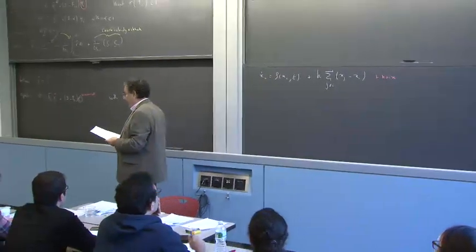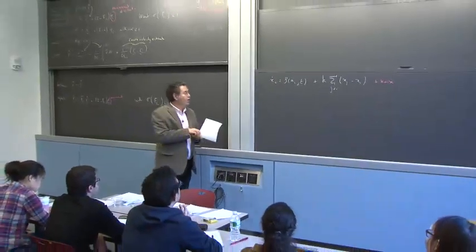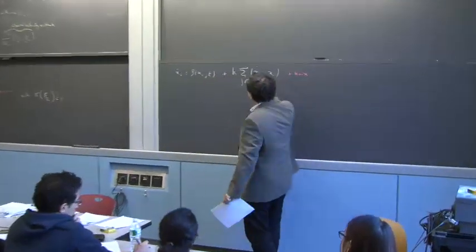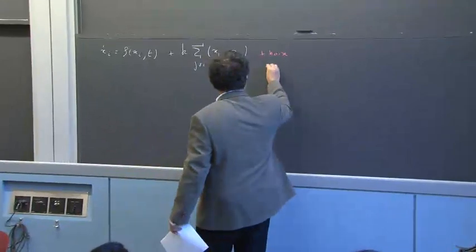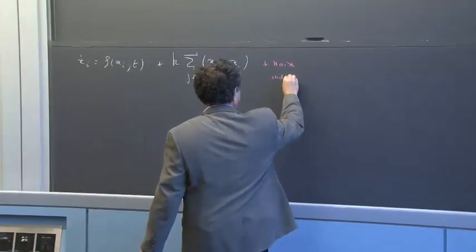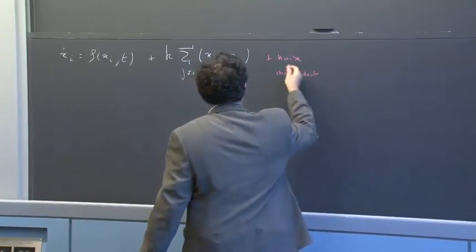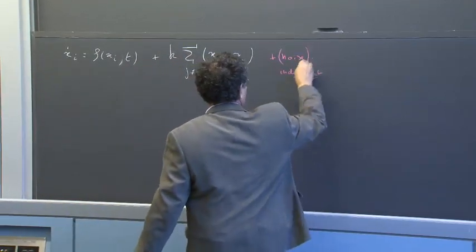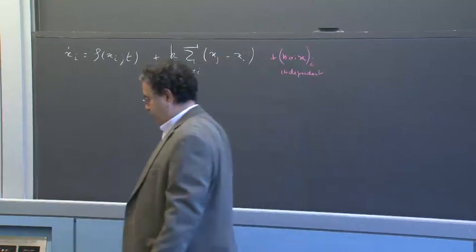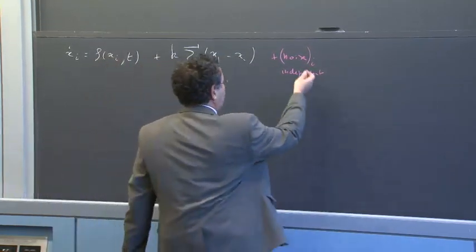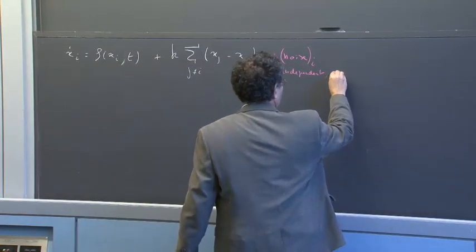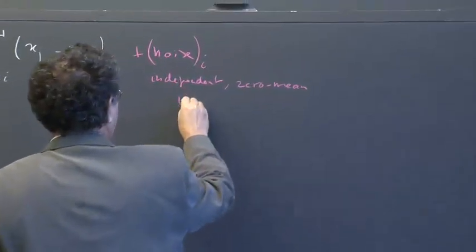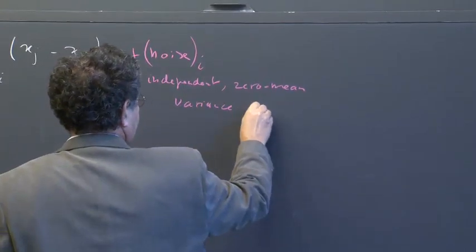Okay, and let's assume that actually the noise on the system is independent noise. So the noise you have on this system here is independent of the one on another system, is zero mean, and has variance sigma squared.